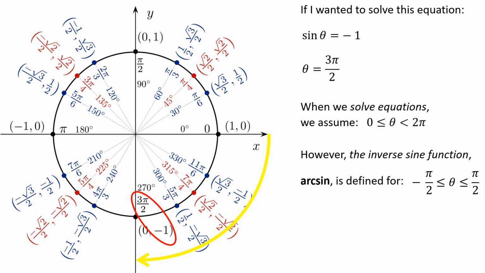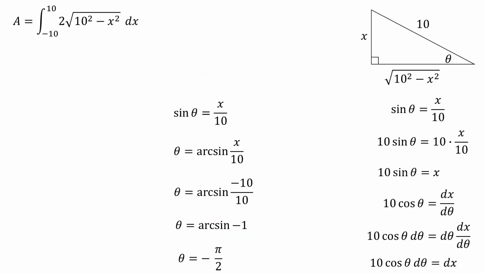So that's why we're coming up with a negative pi over 2 instead of a 3 pi over 2. It's the same location, but because of the way the arc sine function is defined, we have to use the negative pi over 2 instead. Okay, so that's why we've got a negative pi over 2.